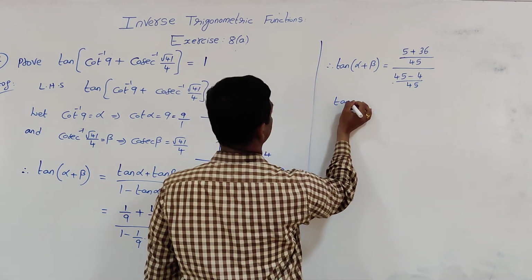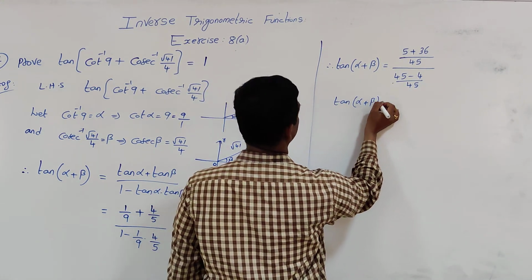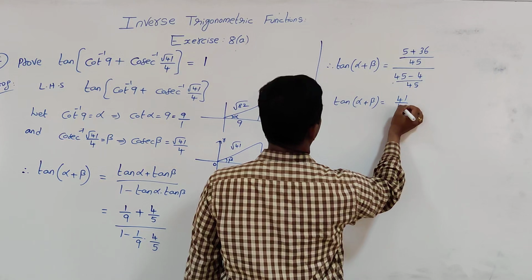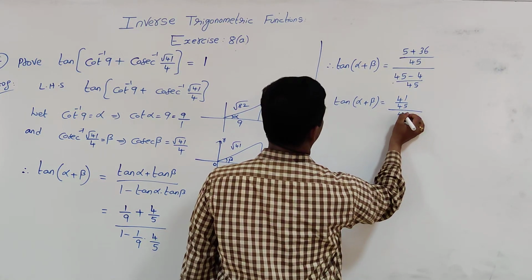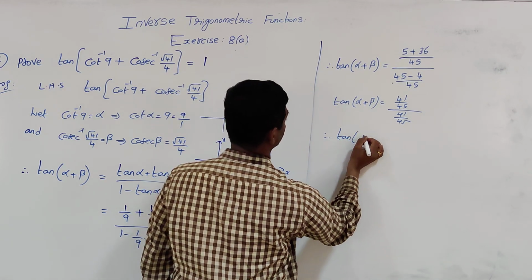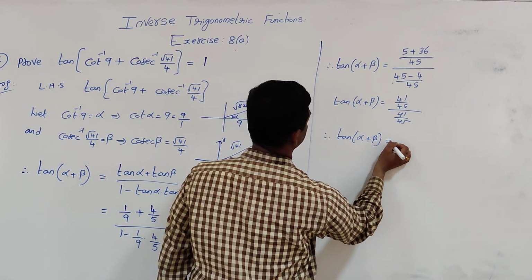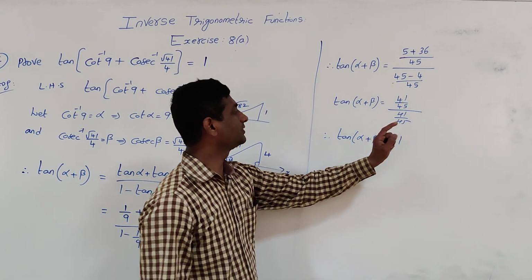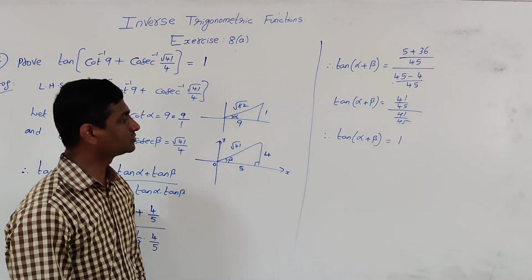So tan of alpha plus beta is 41 by 45 divided by 41 by 45, that is 41 by 45 into 45 by 41. So it reduces to 1.